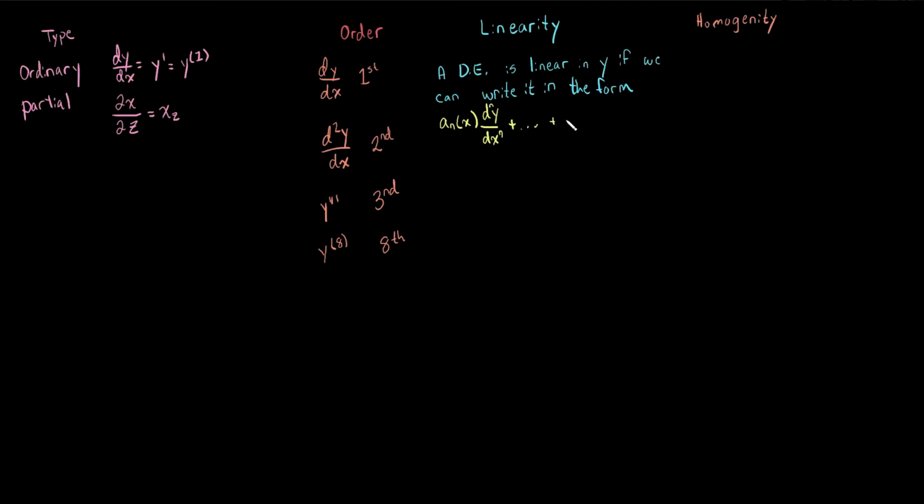But then we'll skip all the way over to a sub 1 of x times the derivative of y with respect to x plus a sub 0 of x times y. Now notice what's happened here is that the 0th derivative of y with respect to x is actually just y itself. We haven't taken the derivative at all, so it would just be our y function right here, is equal to g of x.